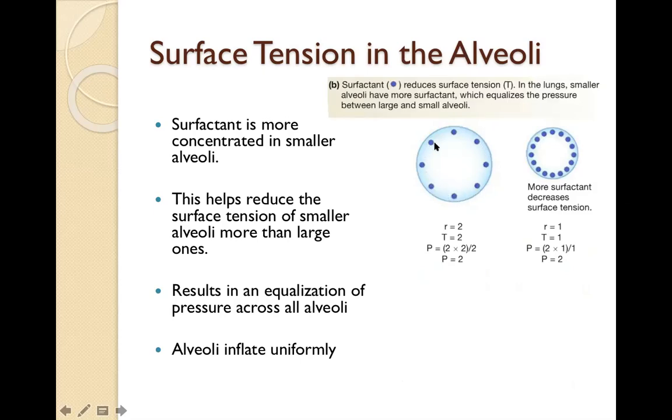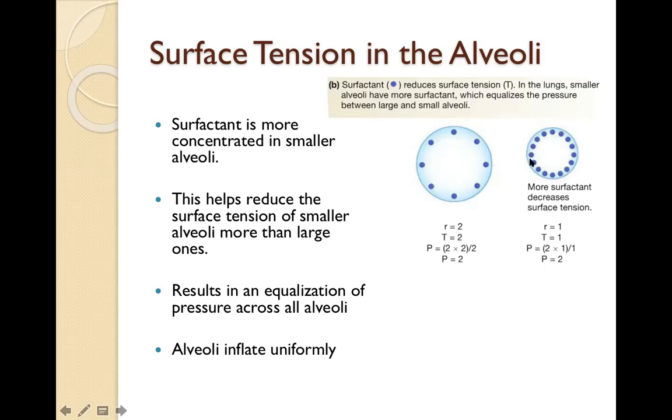Because they're less concentrated, this surfactant is going to have less of an effect on a large alveolus. It doesn't need to have a huge effect because it's already a lower pressure alveolus.